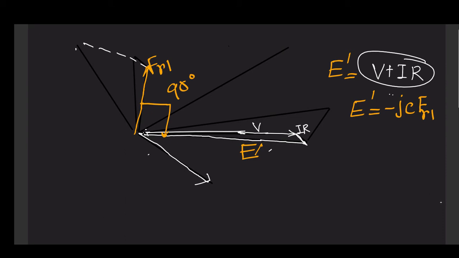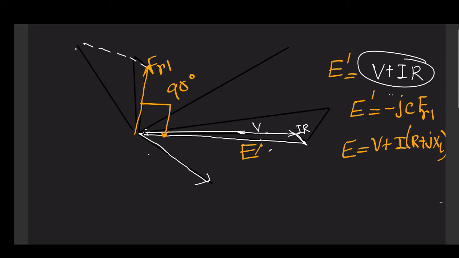Now, what we have generally studied in the previous method is that we are habituated to deal with E, that is basically V plus IR plus jXL, correct?